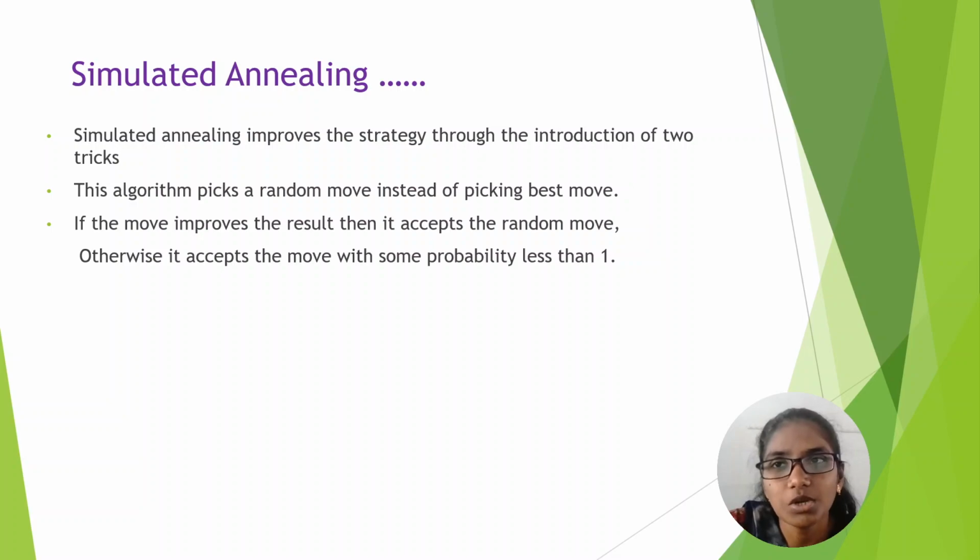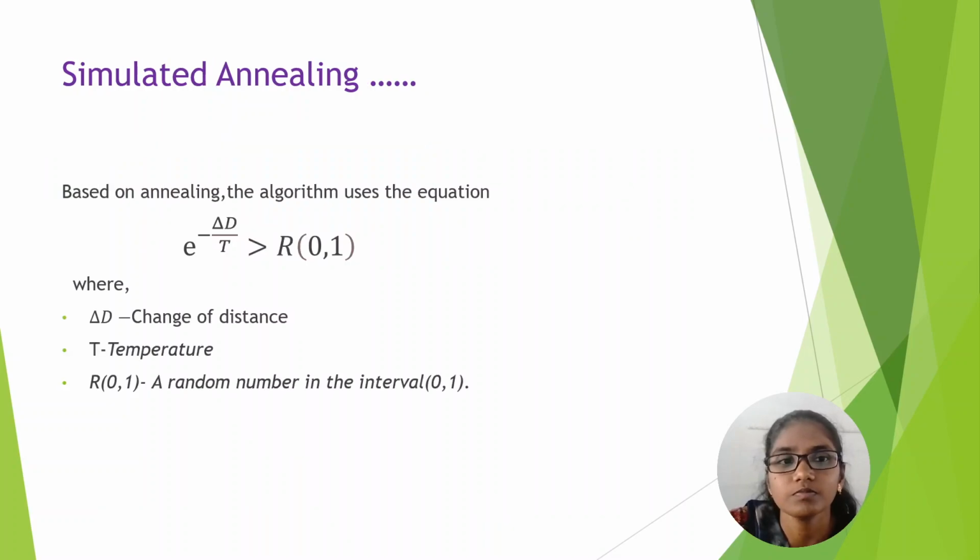The simulated annealing algorithm uses e power minus delta d by t. Always, the probability lies between 0 and 1.